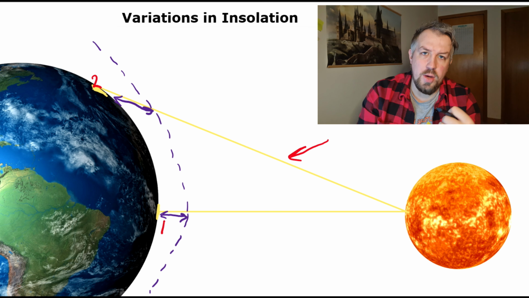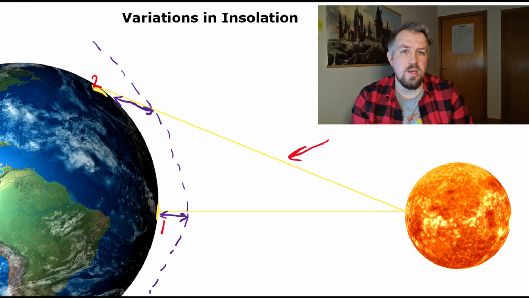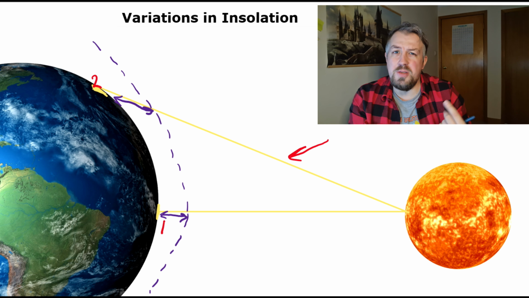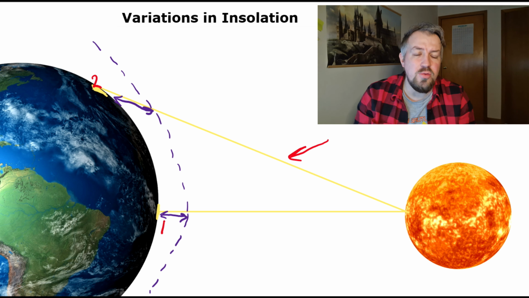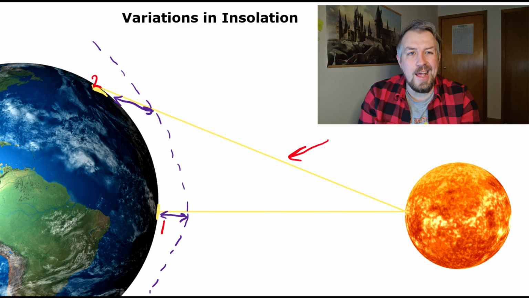If you remember back to part 1, we were talking about how the atmosphere absorbs and deflects, and there are more clouds that absorb and deflect sunlight. So if you've got less distance to travel through, then you can have less of that heat loss as well.